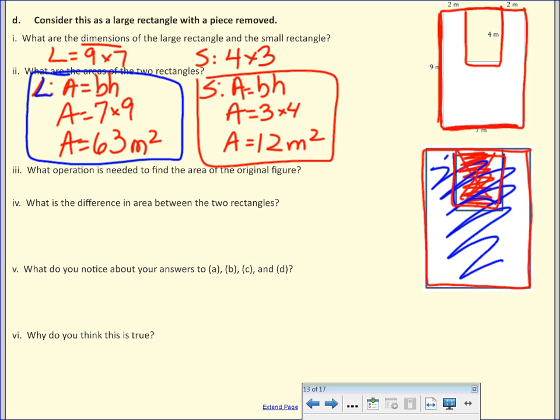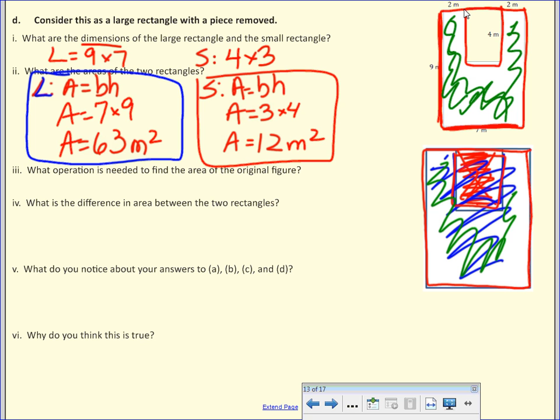But do I know the area of the stage yet? The stage I'll shade in green. Do I know the area of the stage yet? What do I have to do? Can I add them together? That's what we did with the other shapes. Do I add them all together?